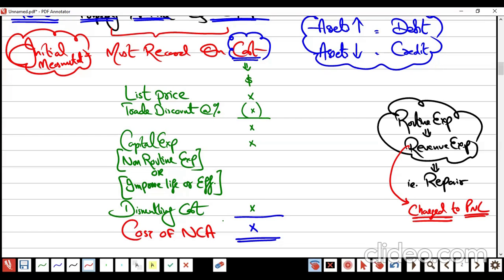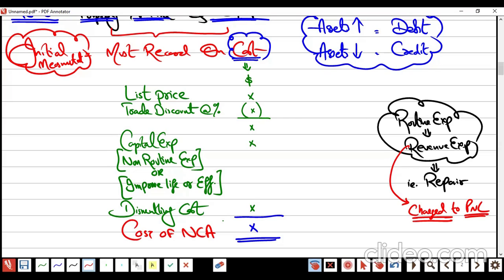It's not cheap. It's a damn expensive item. It's a huge expense the company needs to incur to remove the assets, right or wrong. So that is a capital expense.